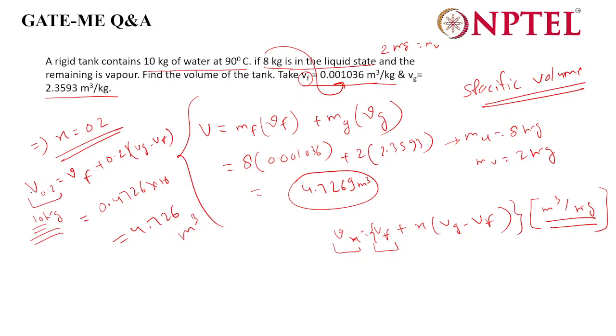Directly we are trying to find the volume of the total mixture. 10 kg of water is given, 8 kg of this and 2 kg of this, so the average will be in between, right?